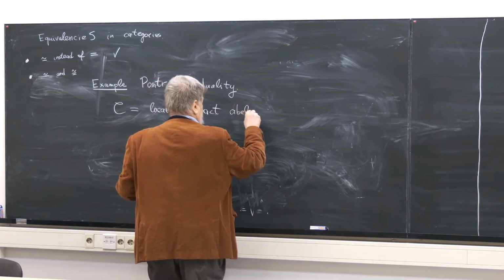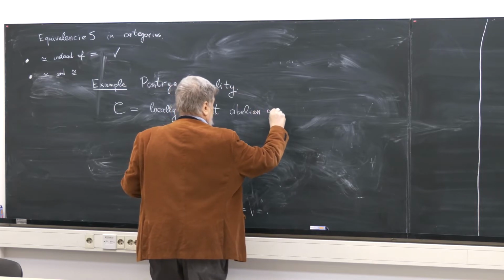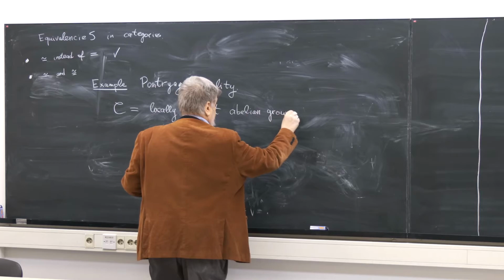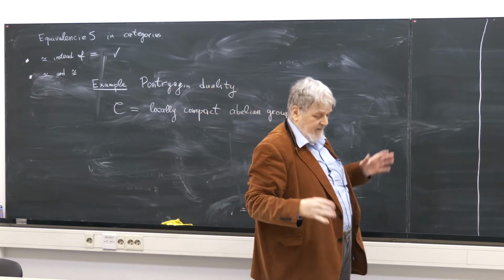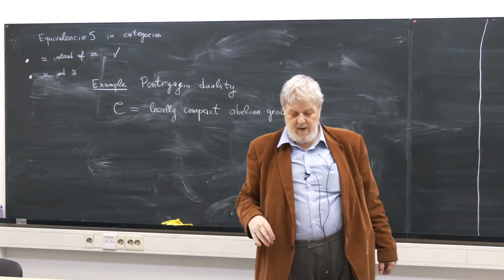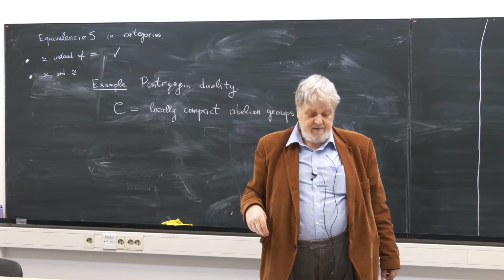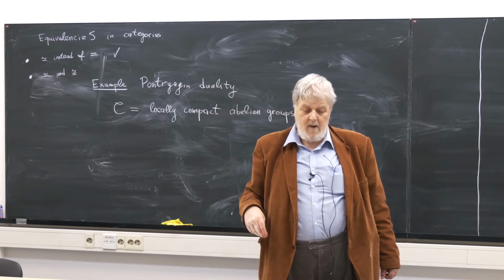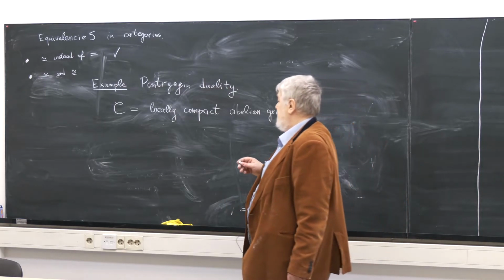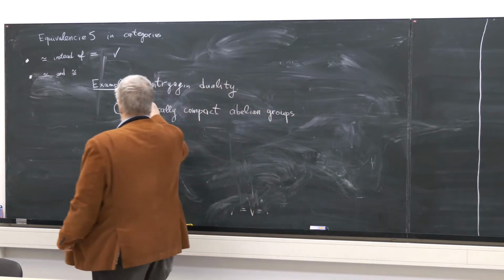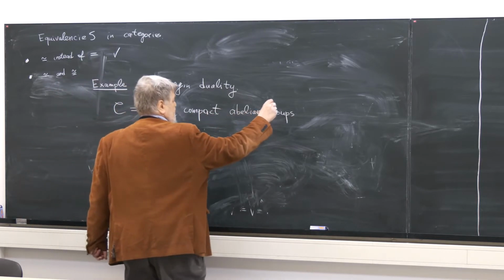And the other part says that there is another forgetting functor. Forget the topology and keep the group structure. That needs no comments. Well, perhaps I put the double braces.